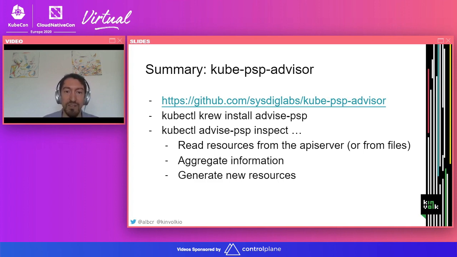What it will do, it will connect to the API server, to your Kubernetes API, and read some resources there. And from those resources, or from file if you prefer, it can aggregate the information together and generate new resources to send back to the API server.